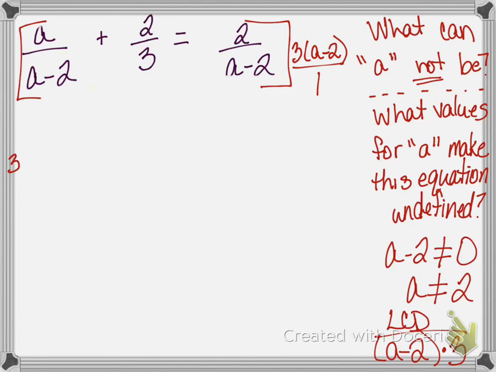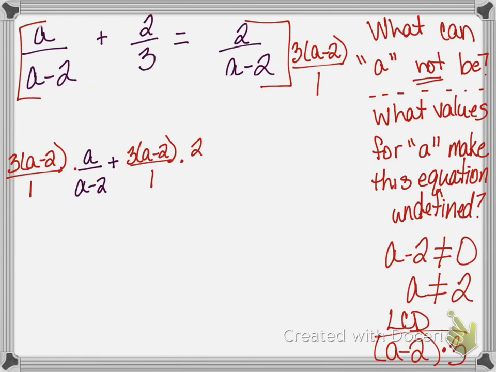So I have 3 times a minus 2, and I would not multiply that yet because some of this is going to cancel out, times a over a minus 2 plus 3 times a minus 2 over 1 times 2 over 3 equals 2 over a minus 2 times 3 times a minus 2.